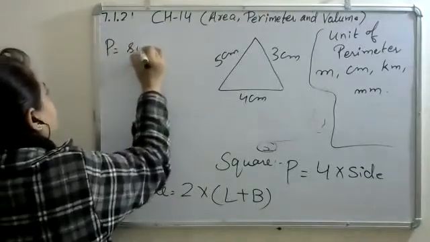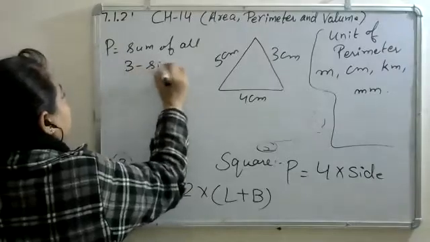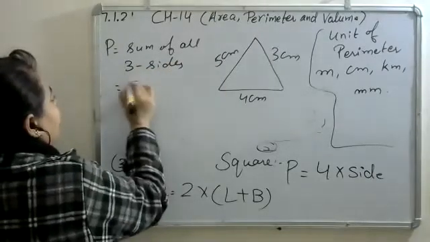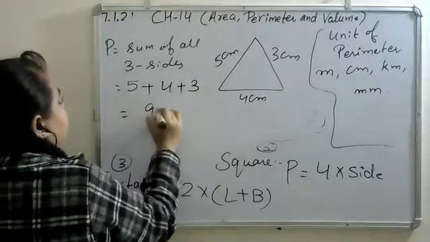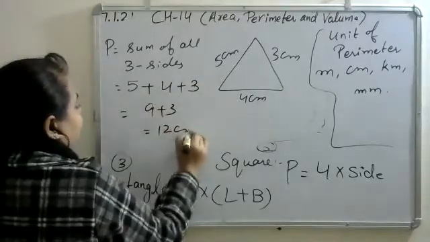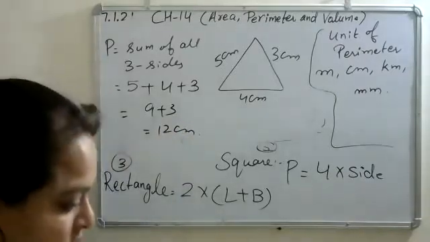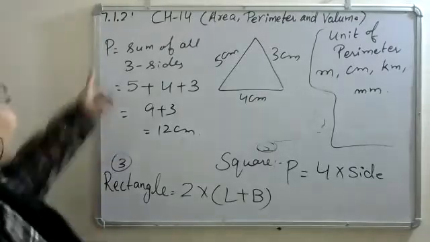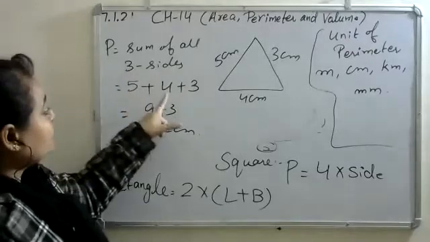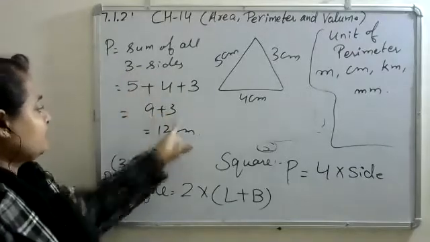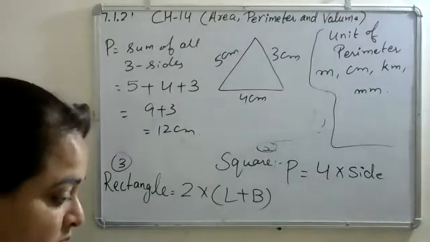Perimeter is the sum of all 3 sides. So 5 plus 4 plus 3, 9 plus 3 is equal to 12 centimeter. So like this we will solve. Note down.